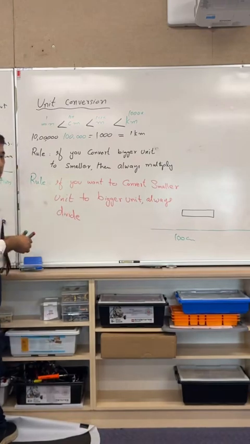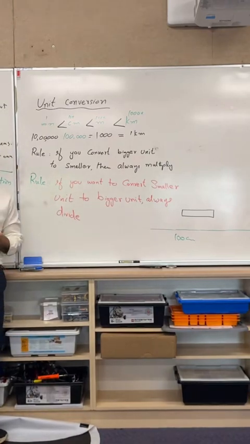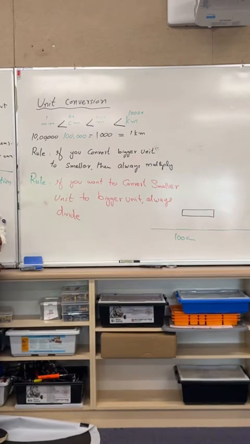Divide by those numbers which I showed you in the relationship, okay? So that is rule number 2.